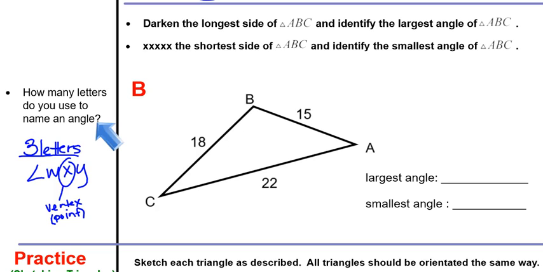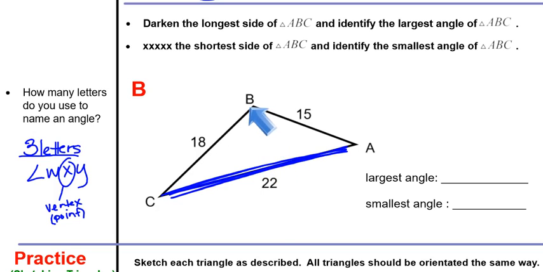So the safest way to name an angle is to use 3 letters. Now, back to the question. They asked us to darken the longest side. If I look at this picture, I can clearly see that 22 is the longest. So I'm going to make this side right here darker. And then from there, I want to identify the largest angle. And I remember that the side and the angle, the biggest ones, are always opposite of each other.